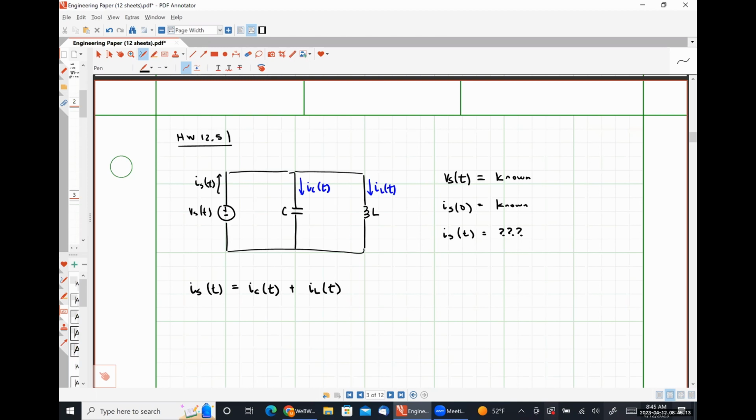So because all of these elements are connected in parallel, that means they all have the same voltage drop, right? So much like we saw in that single loop circuit where we were expressing things in terms of I, now we're going to be expressing things in terms of V. So what's the relationship between the voltage drop across the capacitor and the current flowing through a capacitor?